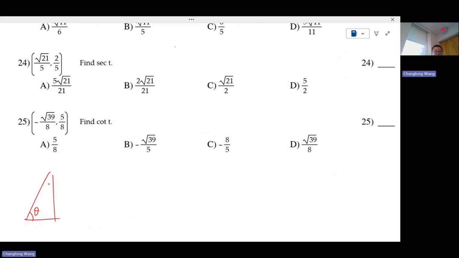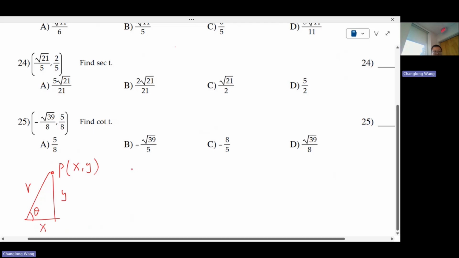For the definition of all 6 functions, I'll draw a right triangle with a point P at the vertex. The hypotenuse is r, the opposite is y, the adjacent is x. Then you have sine, cosine, and tangent, and the reciprocals: cosecant, secant, and cotangent.